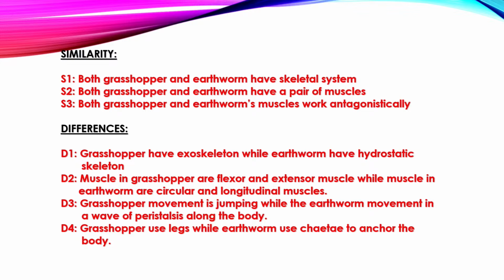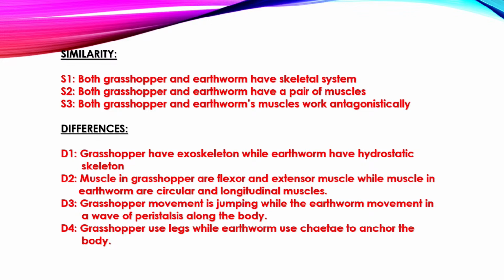Okay, let's see the first difference. Grasshopper has exoskeleton, while earthworm has hydrostatic skeleton. Muscles in a grasshopper are flexor and extensor muscles, while muscles in earthworm are circular and longitudinal muscles.